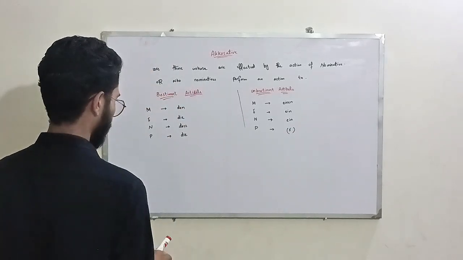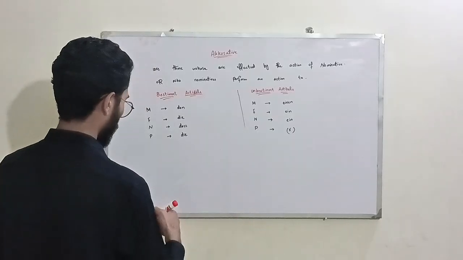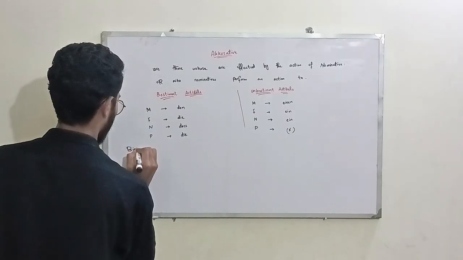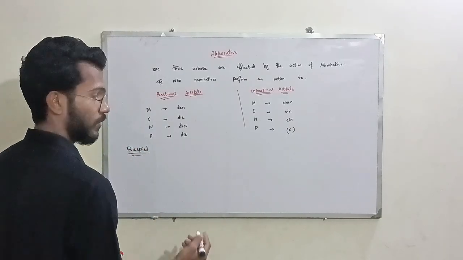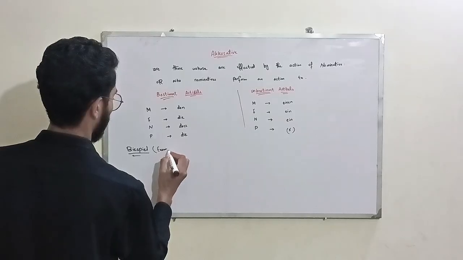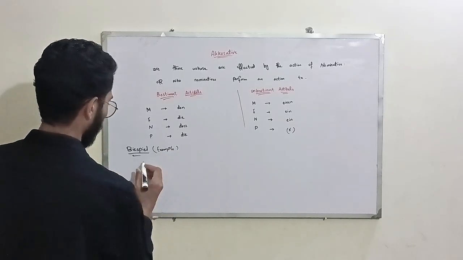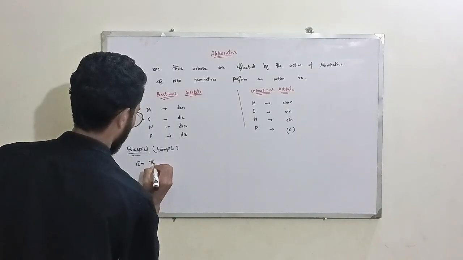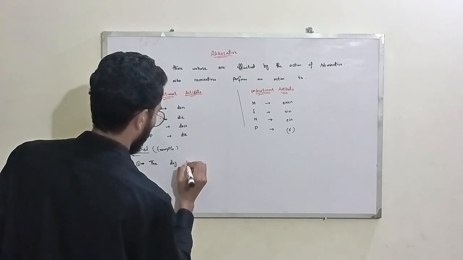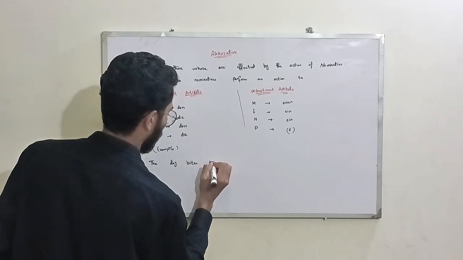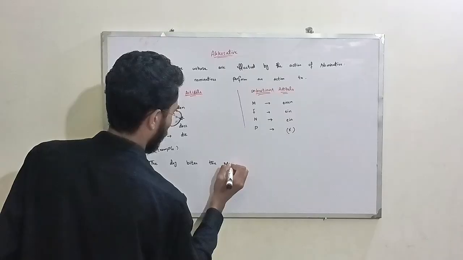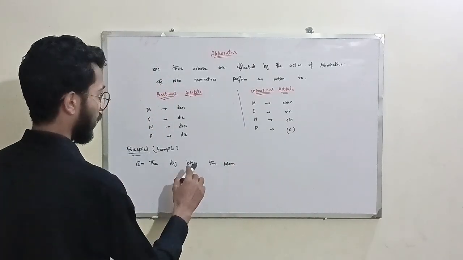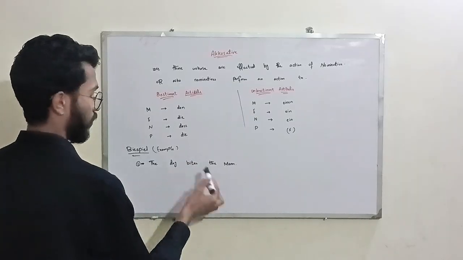Let's take an example. Beispiel means example. First example is the dog bites the man. Dog performs an action on man. Bites.